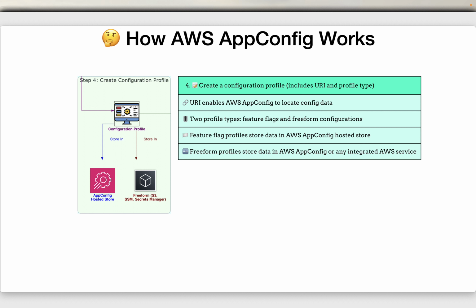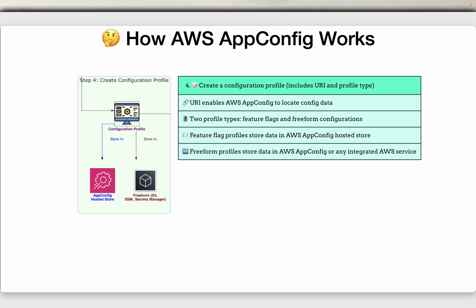Fourth, a configuration profile. You create a configuration profile which includes a URI and profile type. A configuration profile includes, among other things, a URI that enables AWS AppConfig to locate your configuration data in its stored location, and a profile type. AWS AppConfig supports two configuration profile types.